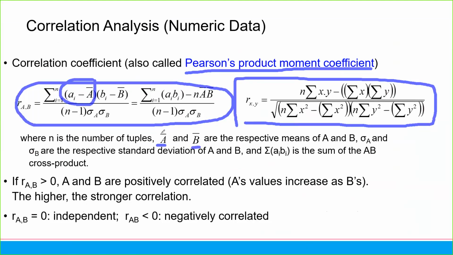And this bar represents the average. So the numbers will be minus the average. The number in the column B will be minus the average. And then we will do the summation. And it will be divided by the standard deviation of the column A and the standard deviation of the column B. And then we will multiply by the number of data minus 1.